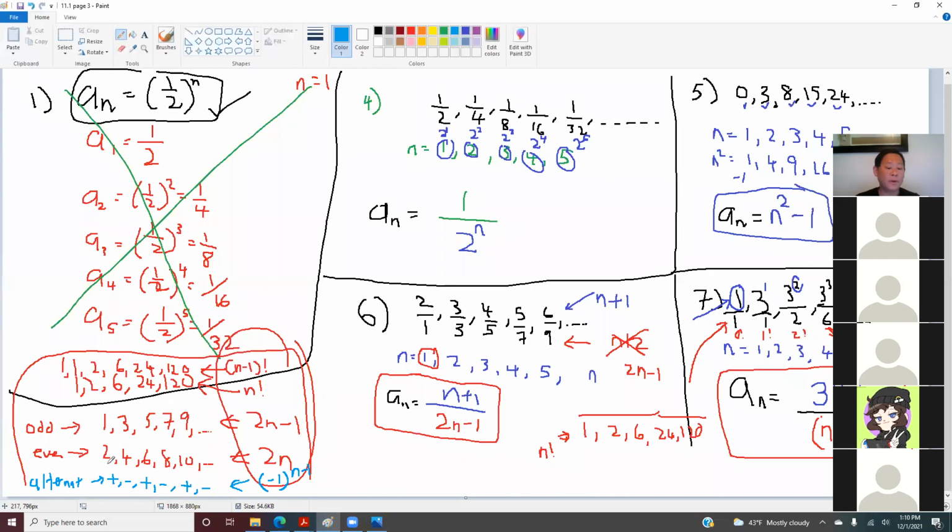Okay, so this is just for the sign. So if your sign is alternating plus minus, then this will be -1 to the power of n minus 1.